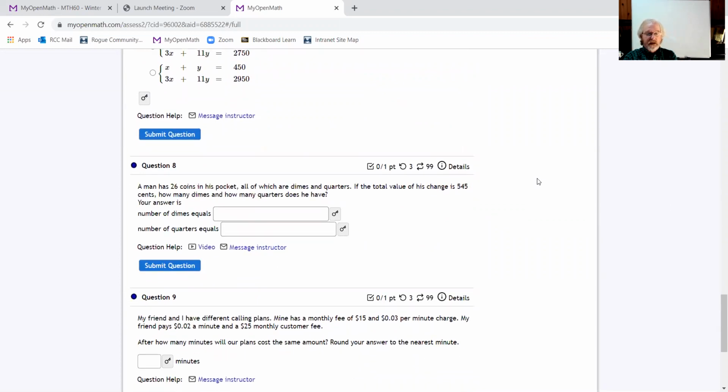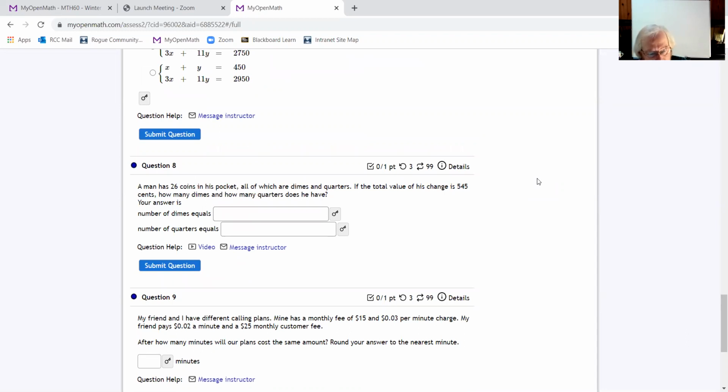Here's one that I think is the same kind of problem, but now they don't give you the multiple choice. Now that you've had two tries at this, you've got to come up with the equations yourself. And then it just asks for the number of dimes and quarters. So you're completely writing these equations on your own worksheet, and then solving and coming up with the answers. So 26 coins, dimes and quarters.